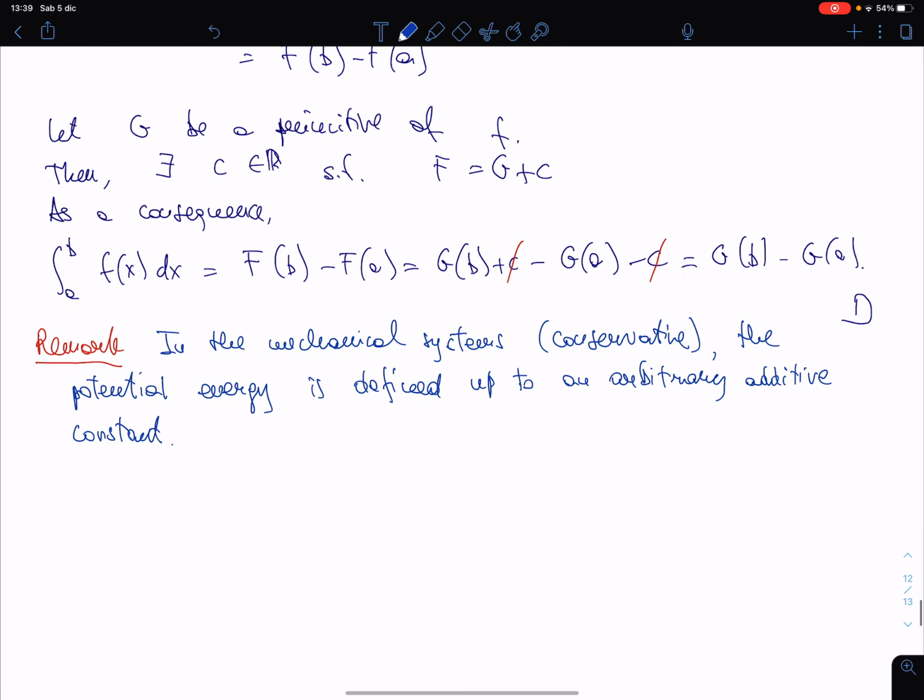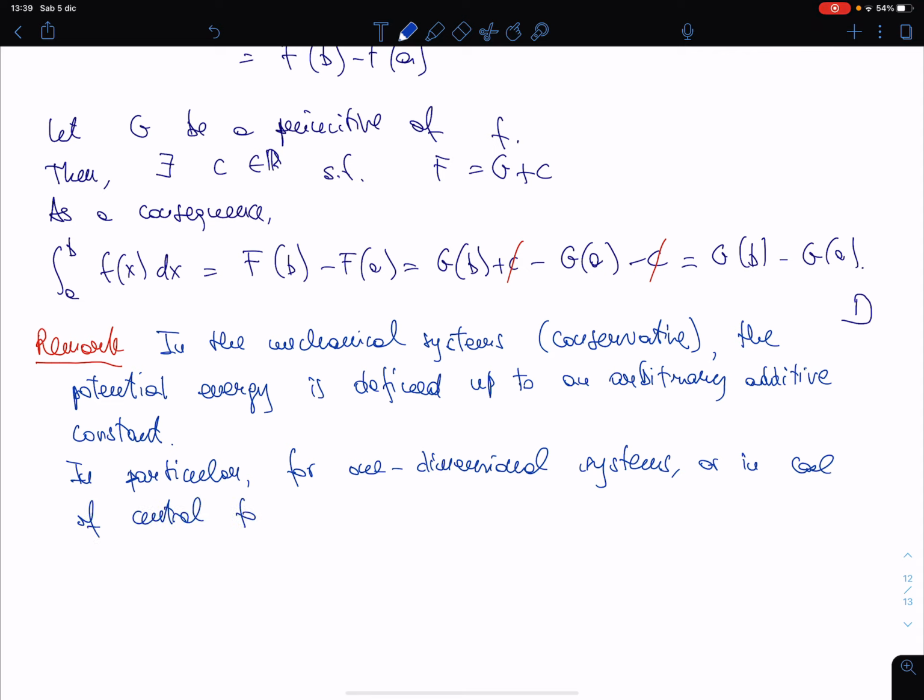As you will see, in particular for one-dimensional systems, or in case of central forces, one can define the potential with a little abuse of language as, for instance, in case of central forces, V of R, where R is the distance between the point you are considering, where you are computing the potential, and the center of the force, for instance, the sun for gravitational force in the solar system.